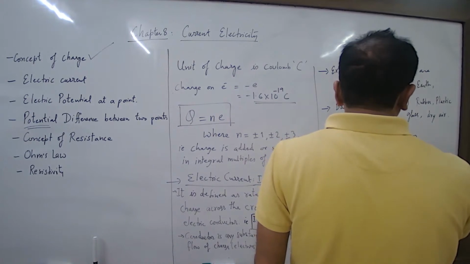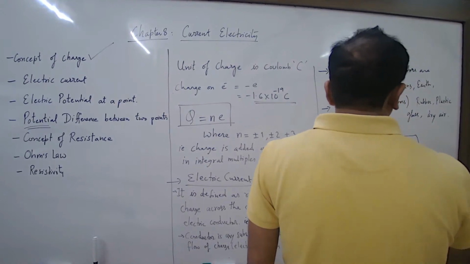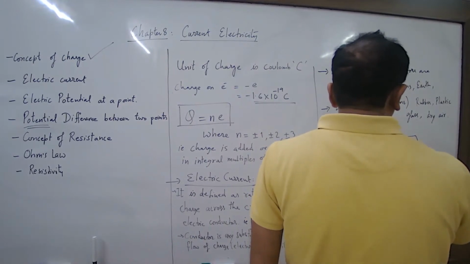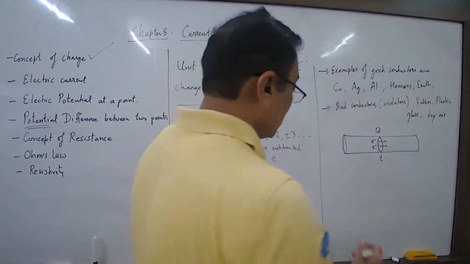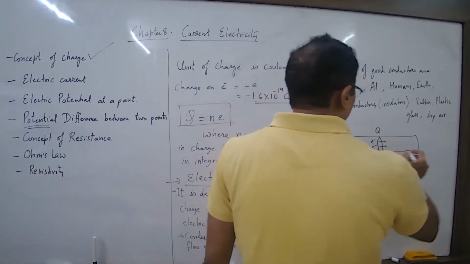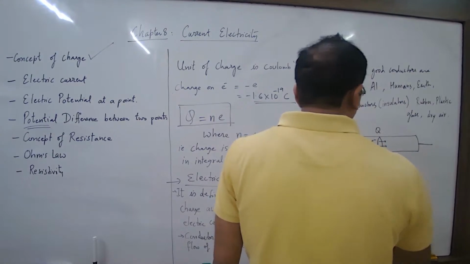So let us say electrons are flowing in this direction. So what is the amount of charge flown in unit time across the cross section? That is the current flow.